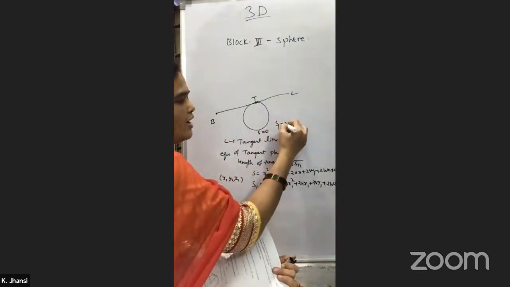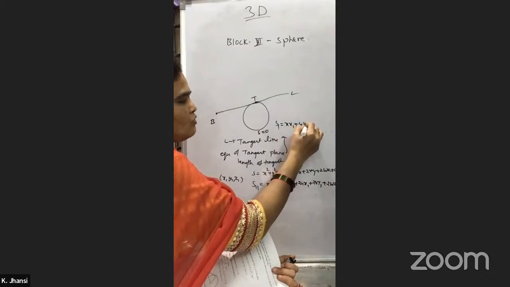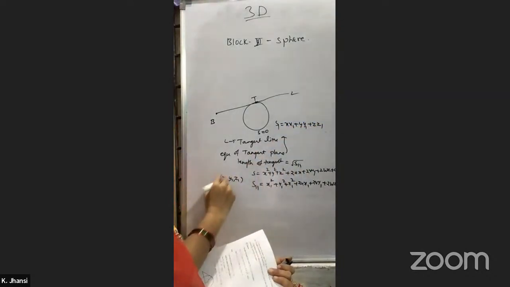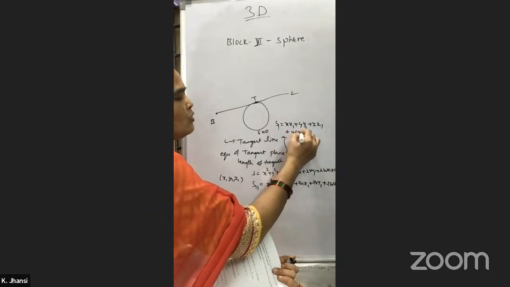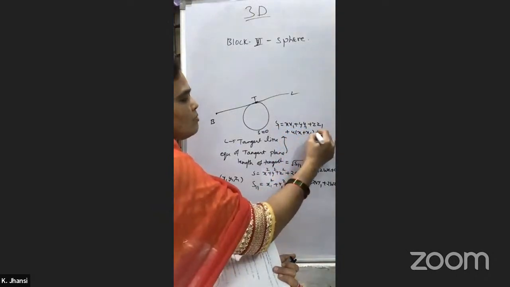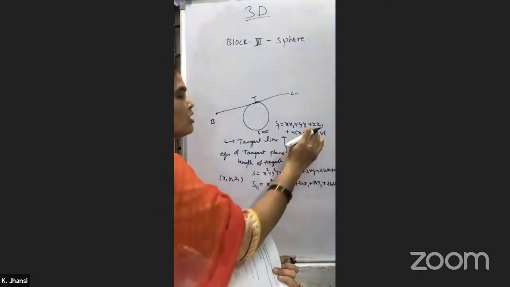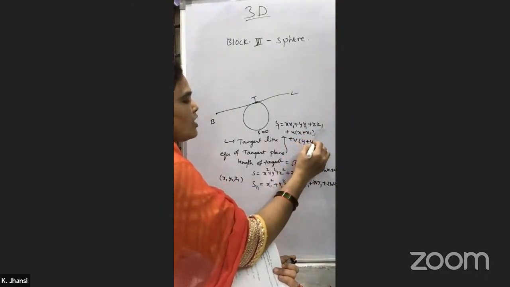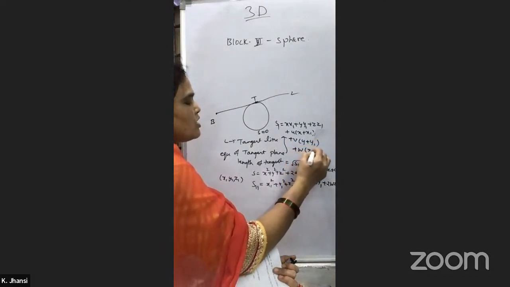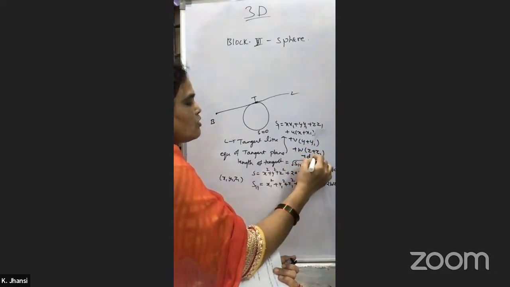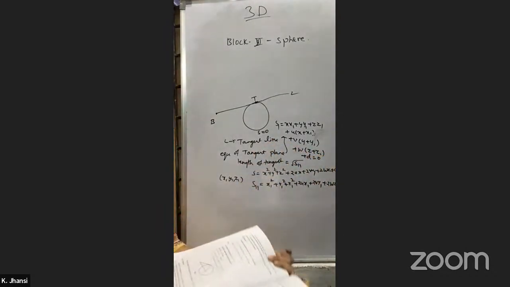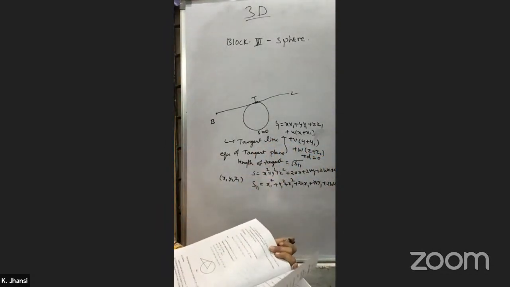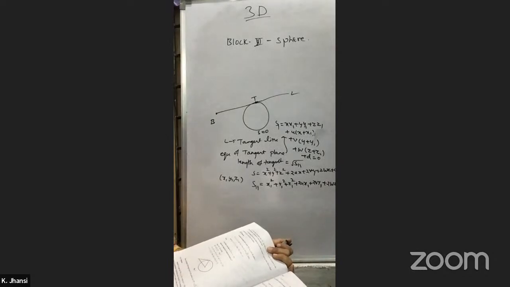S1 equals x into x1 plus y into y1 plus z into z1 plus u into x plus x1 plus v into y plus y1 plus w into z plus z1 plus d equals 0. This is the equation of the tangent plane that you have on page number 197, the third equation from the last. This is called S1.